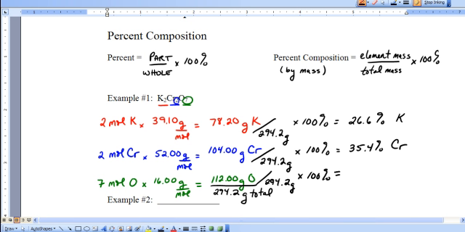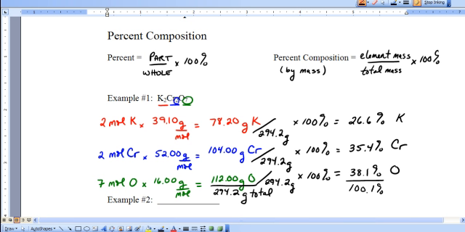And so the 112 divided by 294 times 100% gives us 38.1% oxygen. And so now we can tell it's about a quarter potassium and it's more than a third of chromium and oxygen. Now when you add these up, you should get a total of 100%. In fact, in this case, we do get 100.1% due to roundings, and that's okay. So those are the percentages by mass of each element in that particular compound.